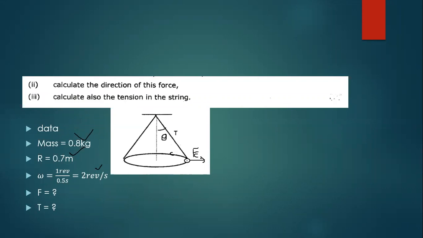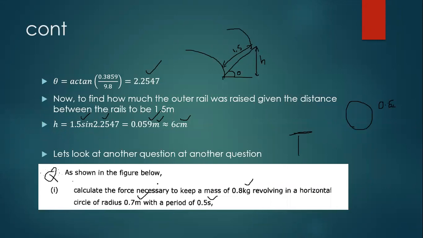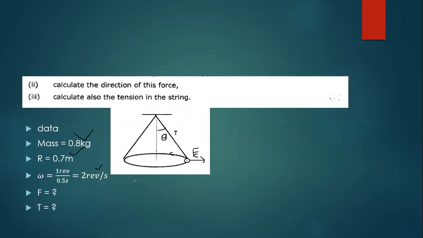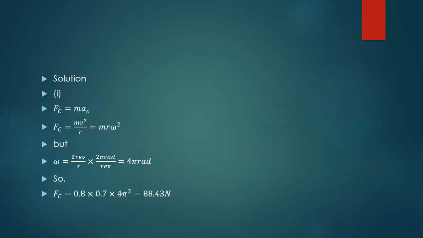With the data that we have, we can calculate it by mass times centripetal acceleration. We have our mass times velocity squared over r.